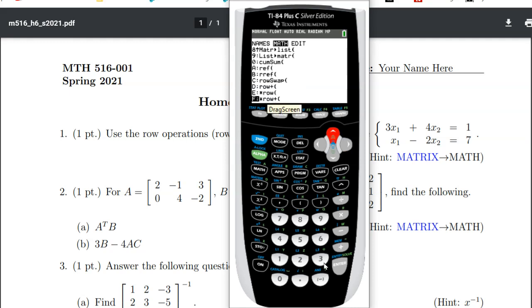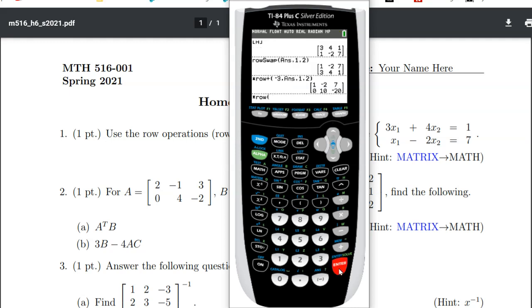So I'm going to go up a notch and then here, multiply row by 1/10. So I put 1 over 10, then comma, and then take that previous result, so answer. Then we apply that to the second row, so it's 2. Then hit enter.